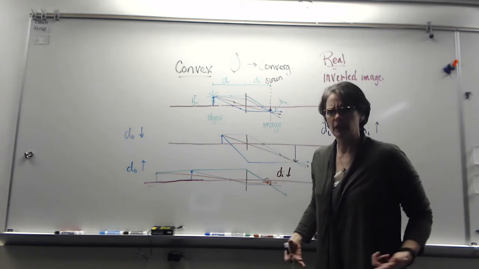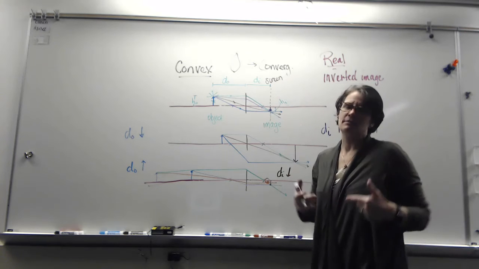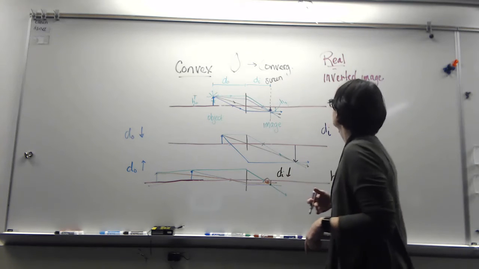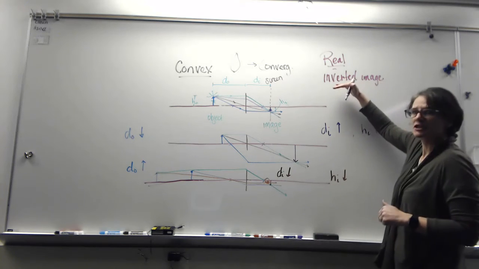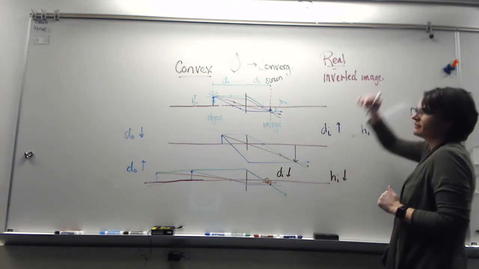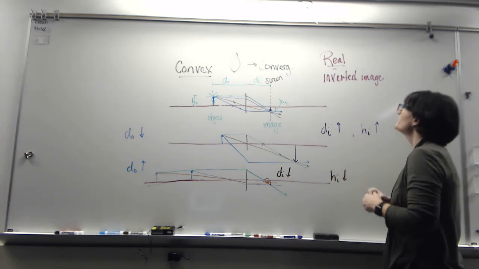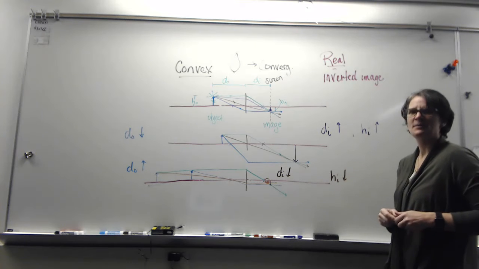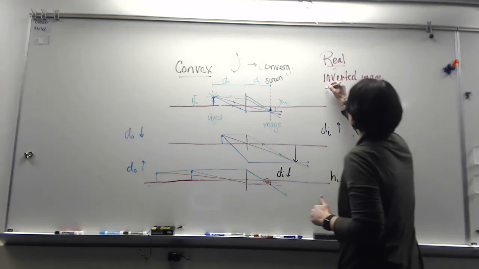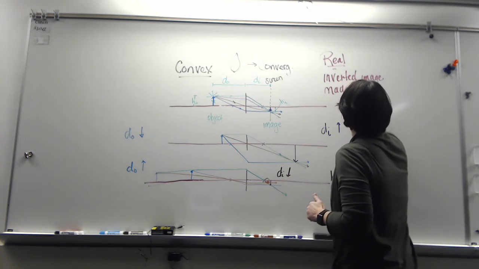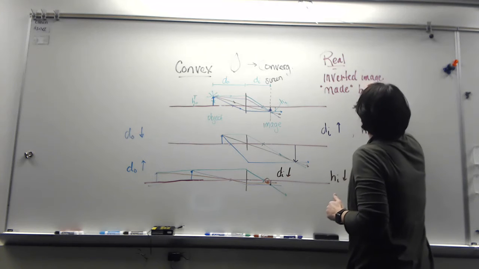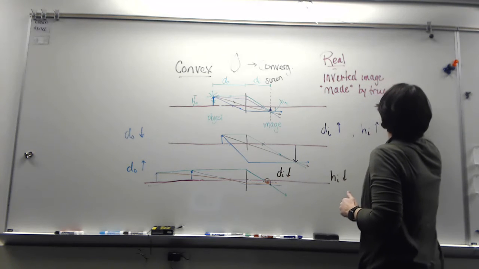I can burn film. I can see it in my visual system. Real images are always notated by the fact that they are inverted. So an upside down image is real, and it's made by true rays of light.